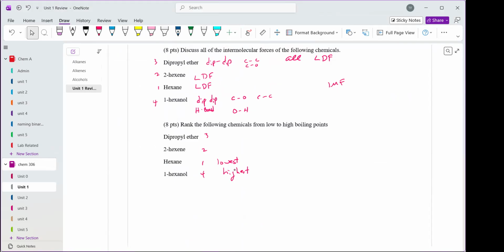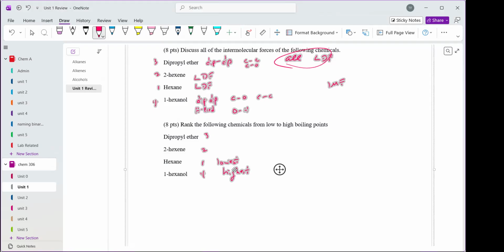Yeah, every molecule has LDF. So on the hexene and the hexane, that's all I got, so that's why I put the LDF there. But if you want, see, I put over here all LDF. You can put the LDF in there if you want, or do it the way I did it. Okay, that's it.